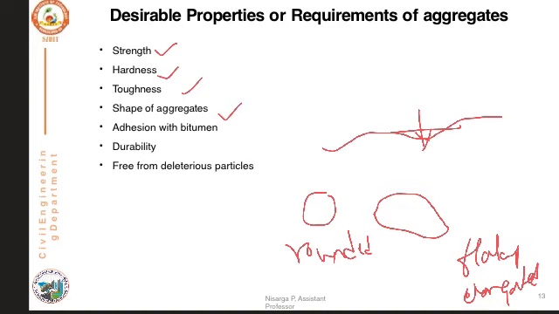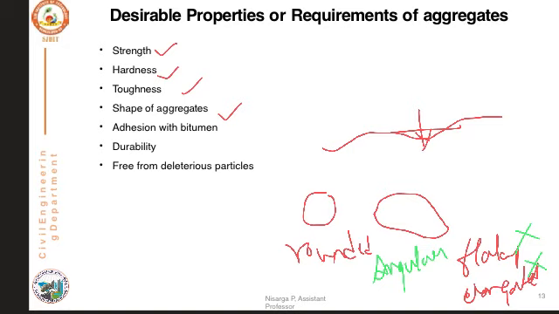Generally, too flaky and too elongated aggregates are not recommended in road construction work, because there are chances that flaky and elongated aggregates may get crushed under the roller during compaction, or they may even break down under heavy wheel traffic. Hence, we generally prefer the usage of angular aggregates in road construction work.